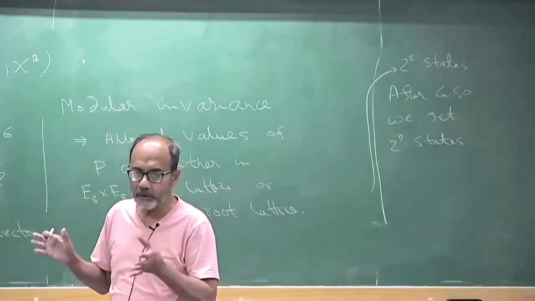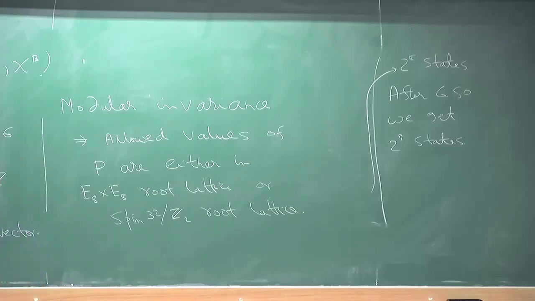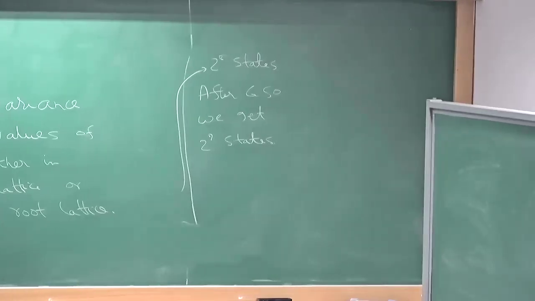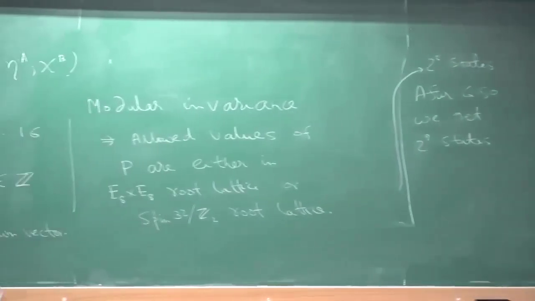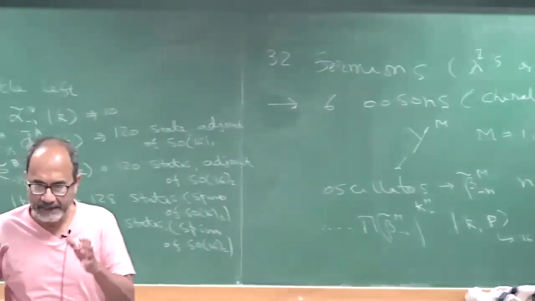The SO(32) root lattice will contain the adjoint representation, the vector representation, and whatever you get from the products. Like the SO3 root lattice is different from the SO2 root lattice. Let's look at the weight lattice: the SO3 weight lattice and SO2 weight lattice are different.